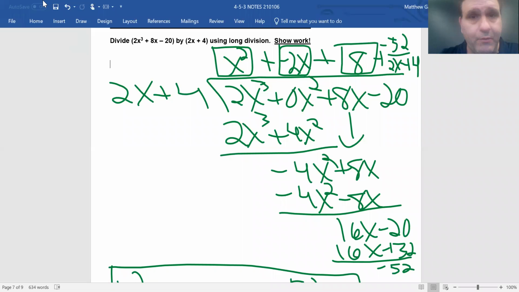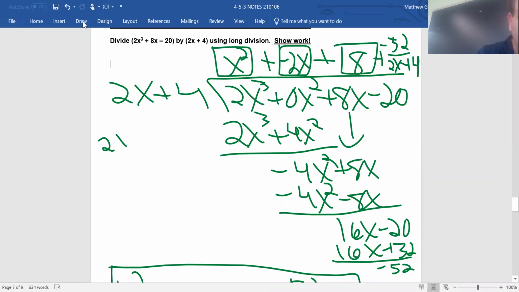Okay, welcome back. So here, 2x cubed divided by 2x is x squared. X squared times 2x plus 4 is 2x cubed plus 4x squared.